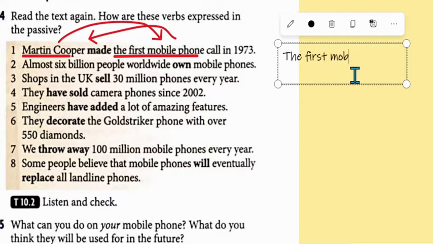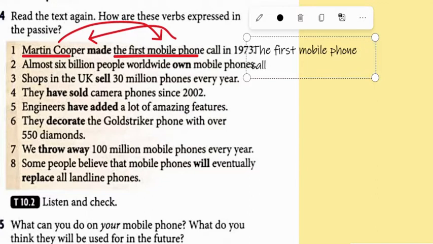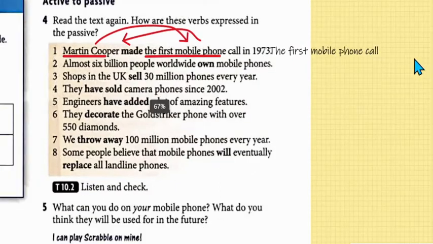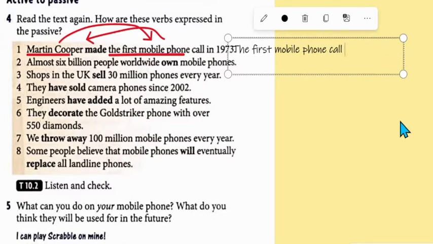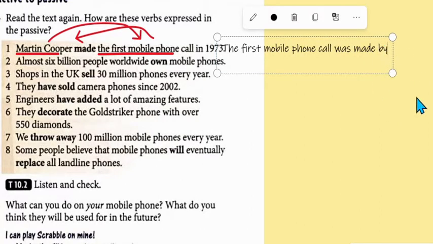The first mobile phone call, what's the to be of the past? Was made by Martin Cooper in 1973.